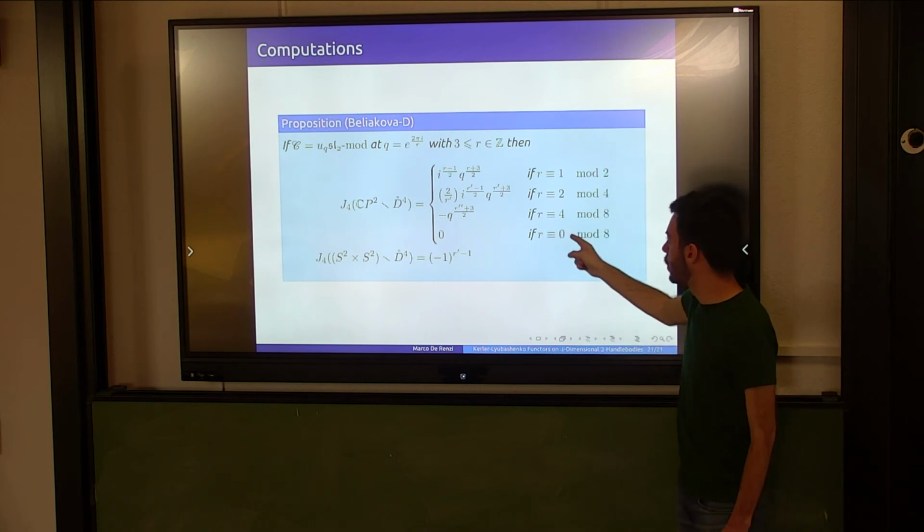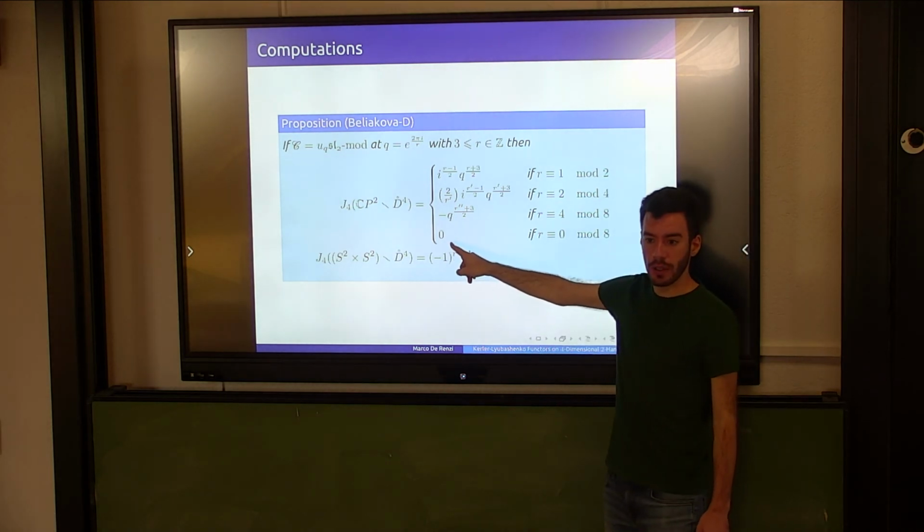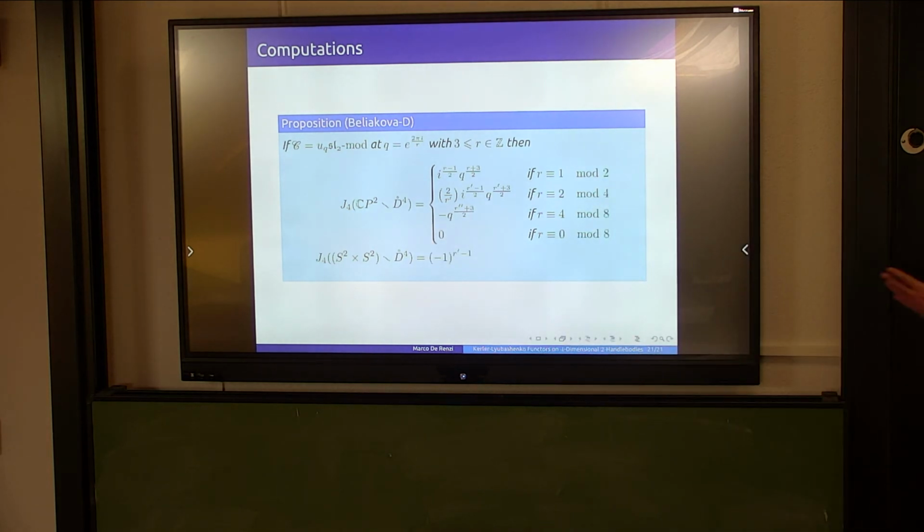And for instance, this 0 here could never arise in a 3-dimensional case, because this manifold is represented as a Kirby tangle by this, right?